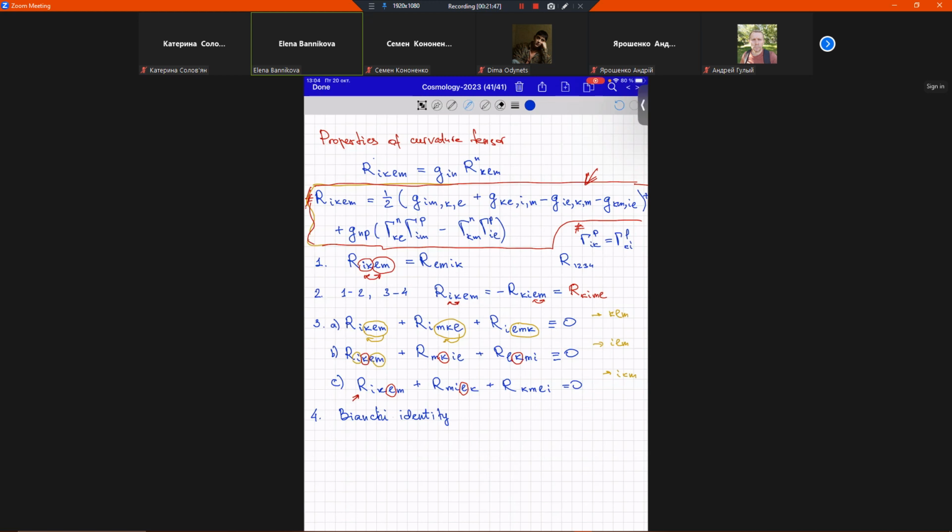So what does the Bianchi identity tell us? It means that if we have the curvature tensor R, let's put it here, N, I, K, L, and we put, because there is a second Bianchi identity, sometimes called the differential Bianchi identity, we will speak a little bit later about this.